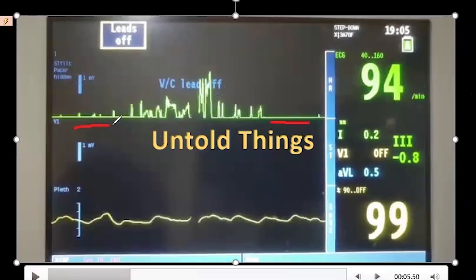This indicates that the electrodes are not properly attached. So at some places they are picking up the impulse, at other places they are not picking up any impulse from the body. This is again a technical error, or improper placement of the leads. So this can also be confused with ventricular fibrillation.